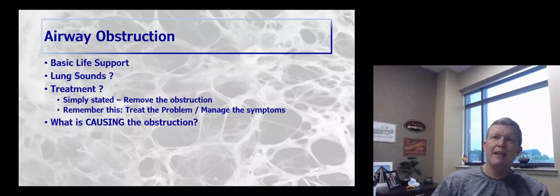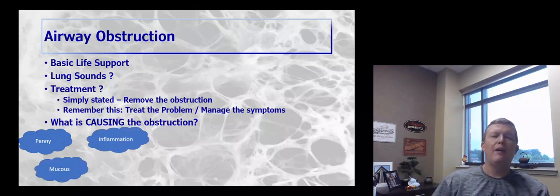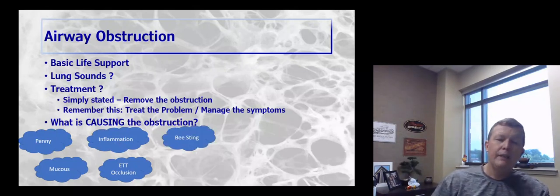We have to alleviate the obstruction. So in this condition, we have to ask ourselves the question, what's causing the obstruction? And I've included several examples of items that are causing the obstruction. If a penny is causing the obstruction, that intervention is very different than if inflammation is causing the obstruction. Two very different treatments. You can't take forceps into an inflamed airway and alleviate the obstruction.